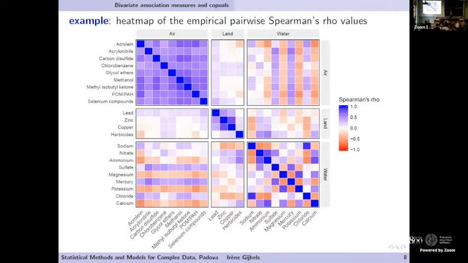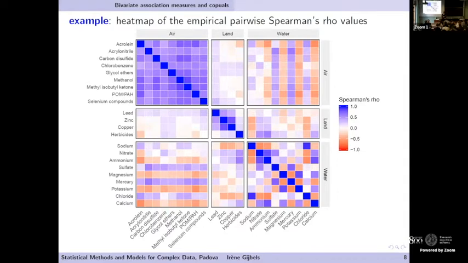You basically see that all the variables in this air domain are positively associated to each other. The same for the 4 variables in the land area. And if you look at associations, for example, you see that there are 3 variables in the water area, sulfate, mercury, and chloride, that all have a positive association with each of the variables in that air domain. But this is looking pairwise.